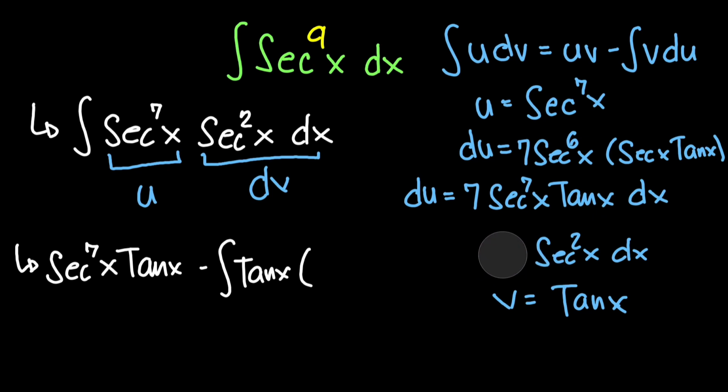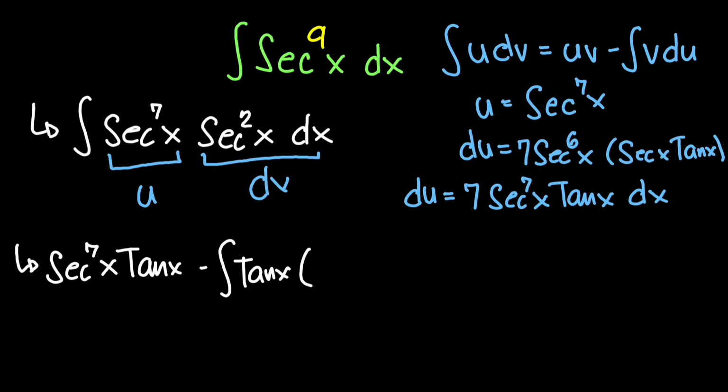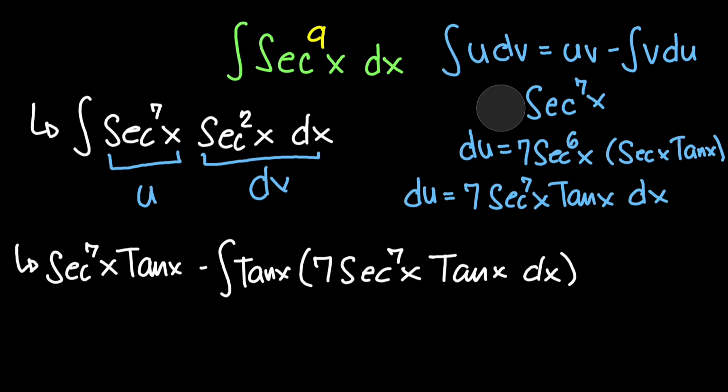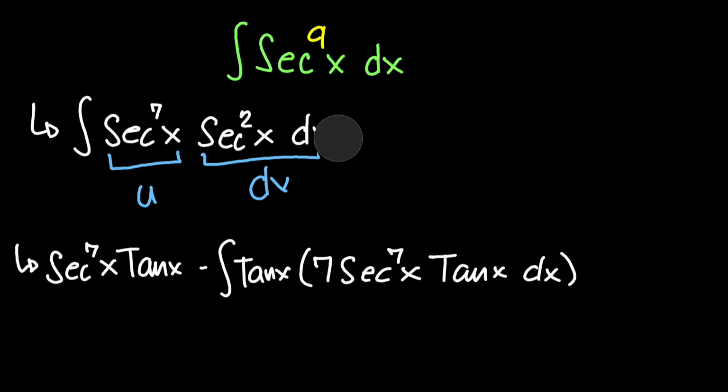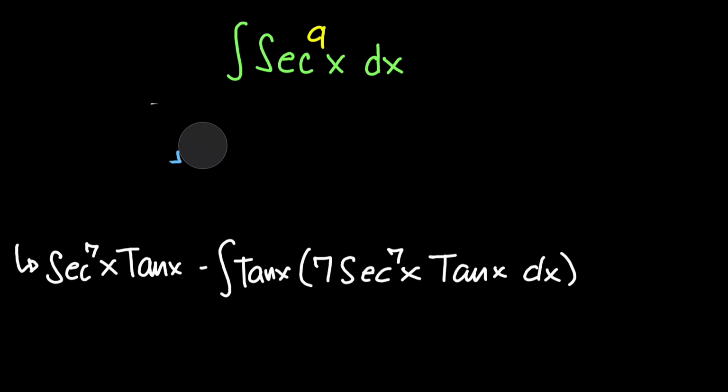Let me just erase this because we have already used it. And now that we have our formula, we can now erase this, and focus on what we have now.